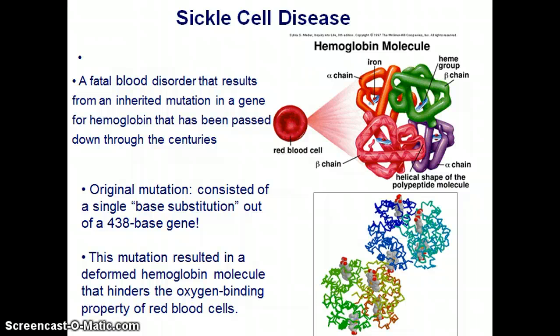The original mutation was just a single base. That was the only one that had an error. And what happens is the mutation results in a deformed hemoglobin molecule. And then that means that oxygen can't properly bind to the red blood cells.